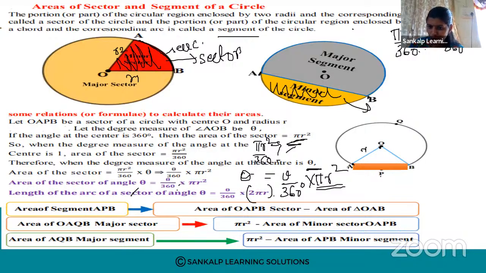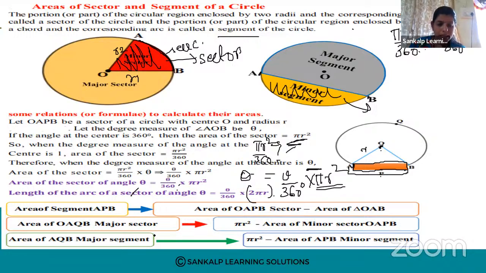So if you want to find the area of this segment, the area of OAPB means the area of the full sector minus the area of triangle OAB. Then you will get the area of segment APB, right?